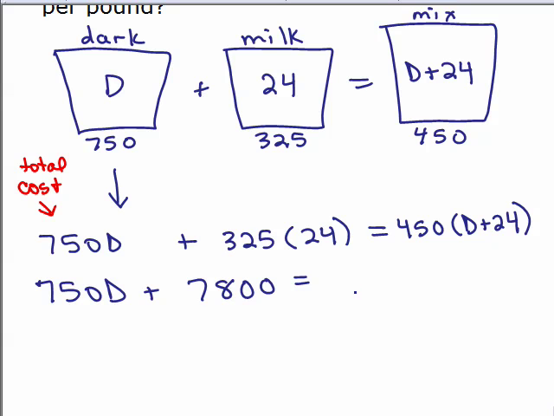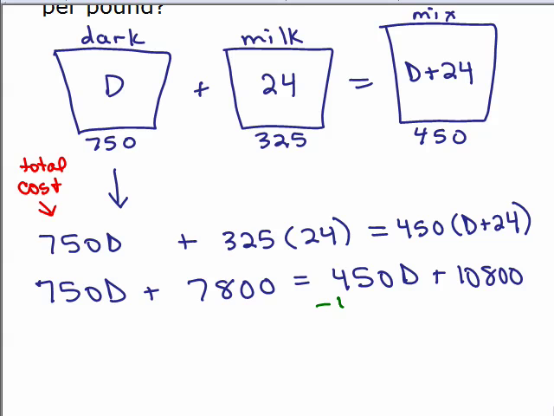Then on the other side of the equal sign, I need to do my distributive property. 450 times D is 450D. Plus 450 times 24, again, you could get out your calculator, that's 10,800. So now we need to get variables on one side and constants on the other.